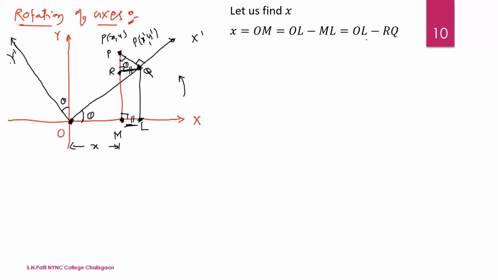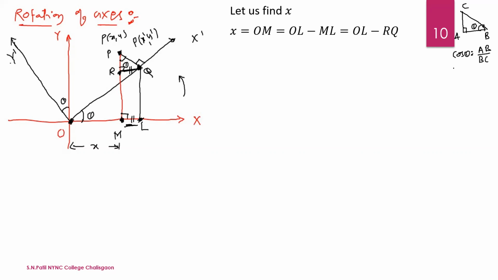Now here we use the formula for cos theta. Suppose this is a triangle A, B, C. This is a perpendicular, and suppose this is theta. Then what is cos theta here? Cos theta means adjacent side divided by hypotenuse, that is PC.